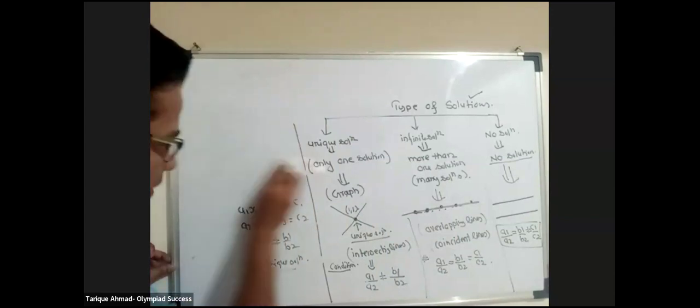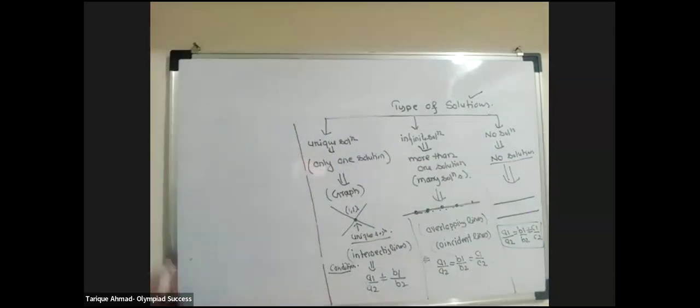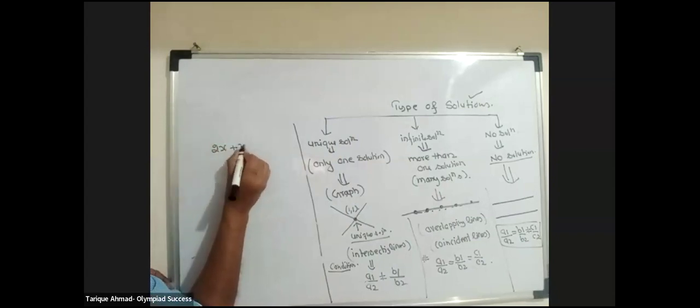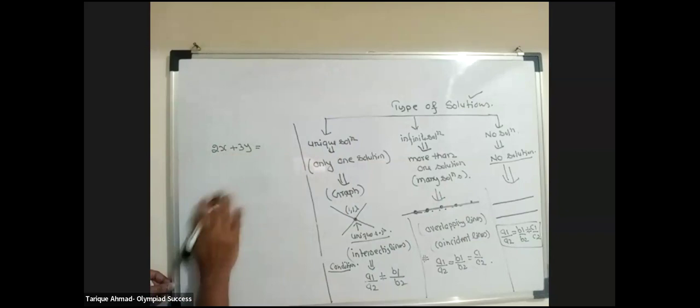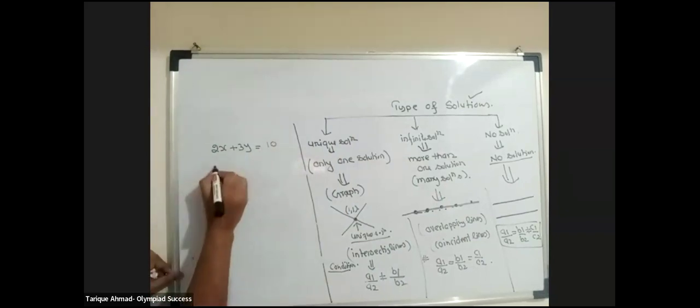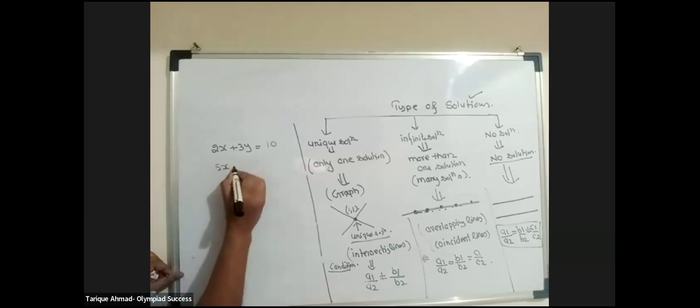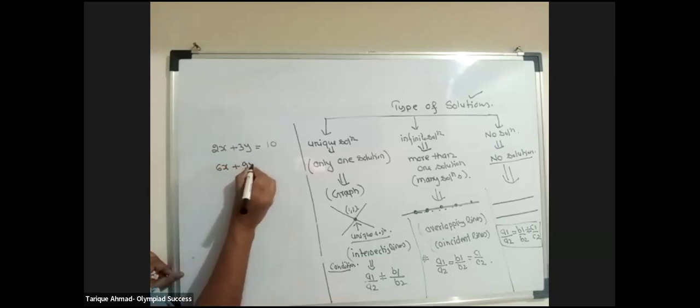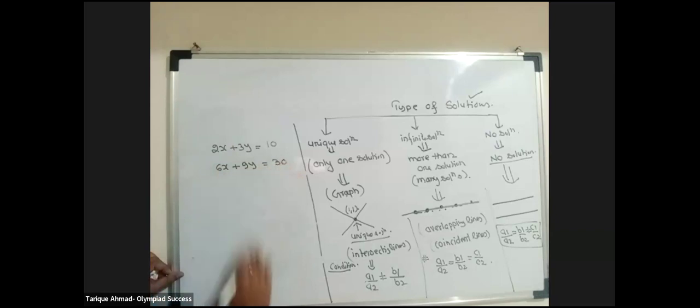Now see another example. 2x plus 3y equals 10, 5x minus 4y, 6x plus 9y equals 30.